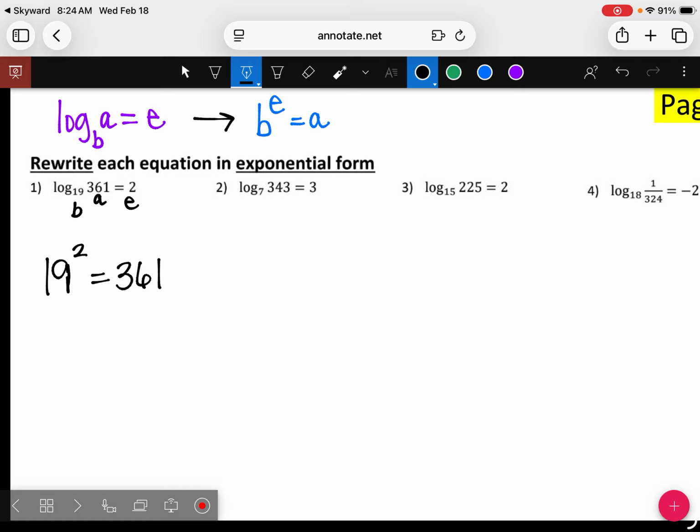All right, Tanya, take a guess on number 2. How would you write that? I would agree. Love, how would you write it for number 3? Perfect.